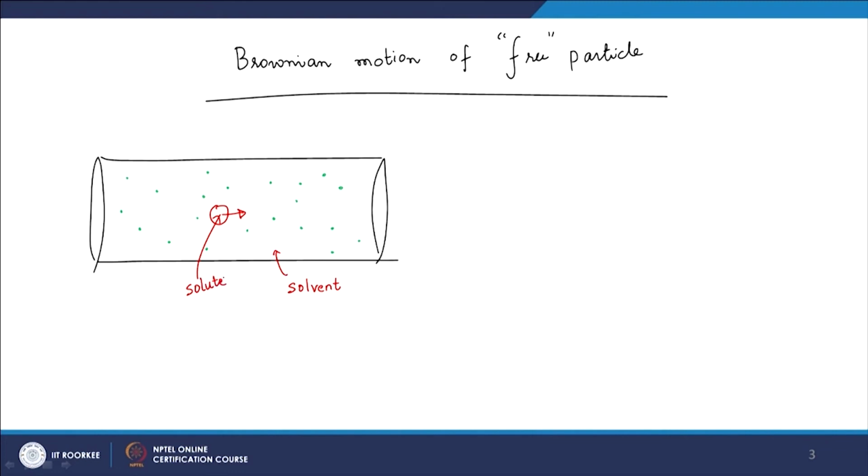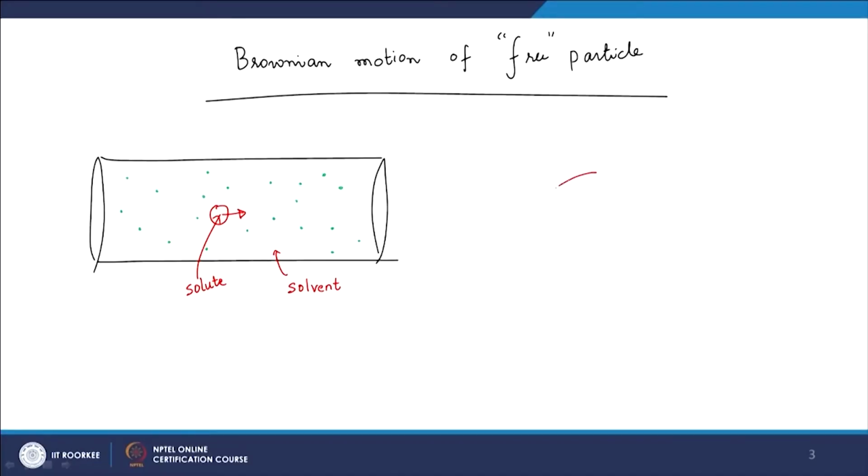So if I think of the motion of this particle, if the particle is large enough, we already have said that the Brownian motion is insignificant. That is, the velocity of the particle due to thermal fluctuations is very limited. In this case, since I have taken just one solute particle, it is not undergoing any collision with any of the solute particles because they are not present. The only thermal motions it is getting is because of collisions from solvent molecules, right.